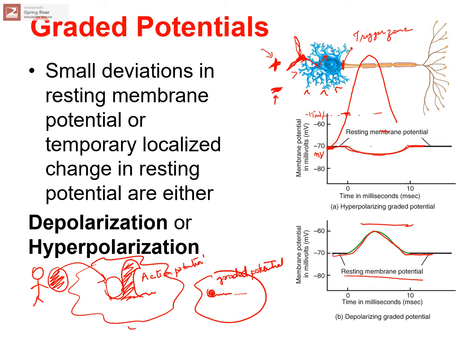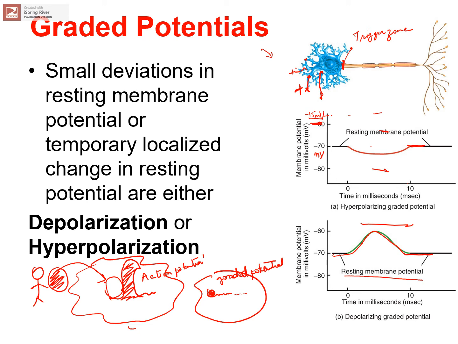If the cell only has one excitatory signal, nothing will happen. But if it has several excitatory signals, the combined effect of all the little graded potentials can bring the membrane potential of the cell to the threshold.